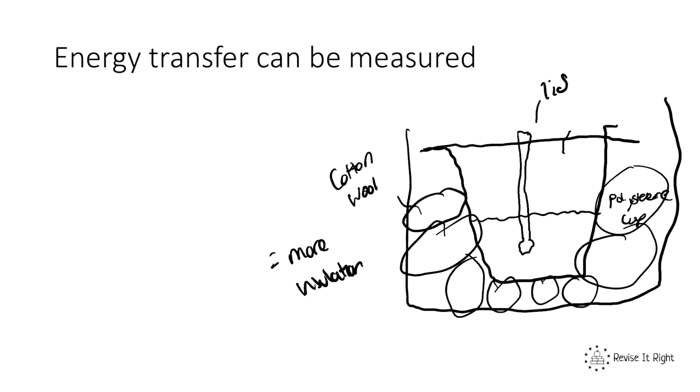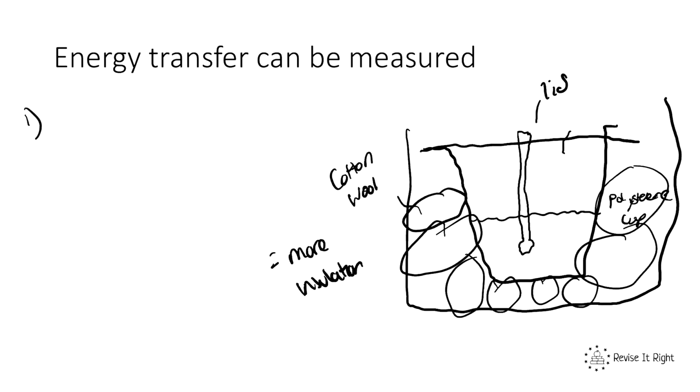This method works for neutralization reactions or reactions between metals and acids or carbonates and acids. You can also use this method to investigate what effect different variables have on the amount of energy transferred. Okay, so you can really use this to measure the energy change.